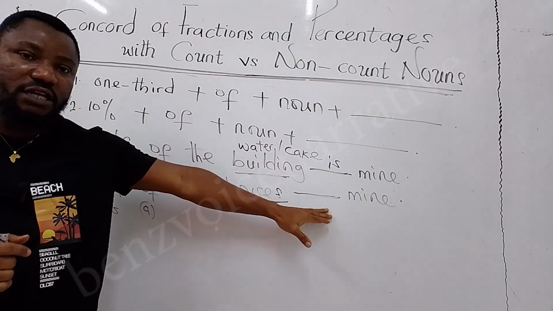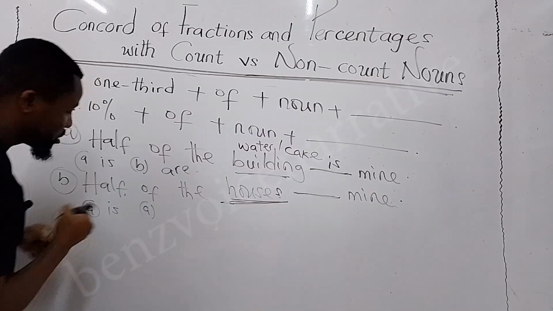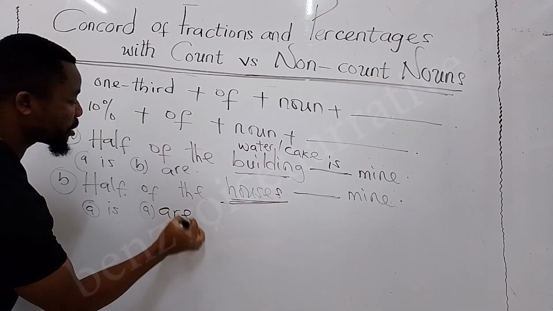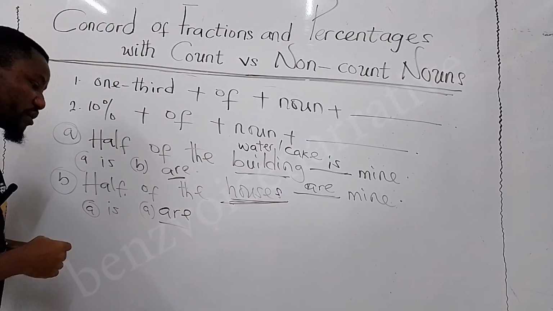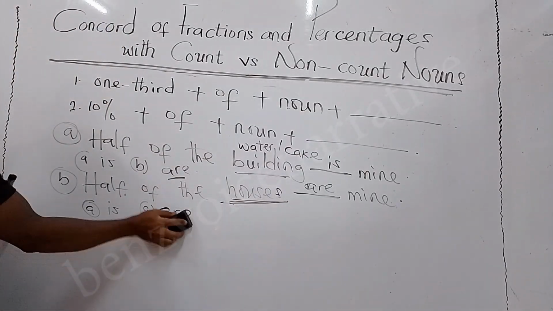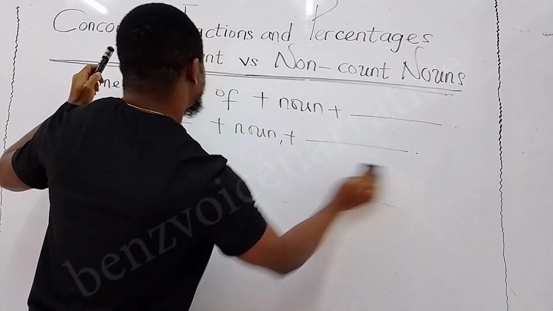If it's singular, then your verb becomes singular. If it's plural, your verb becomes plural. So half of the houses are mine, that's the answer.